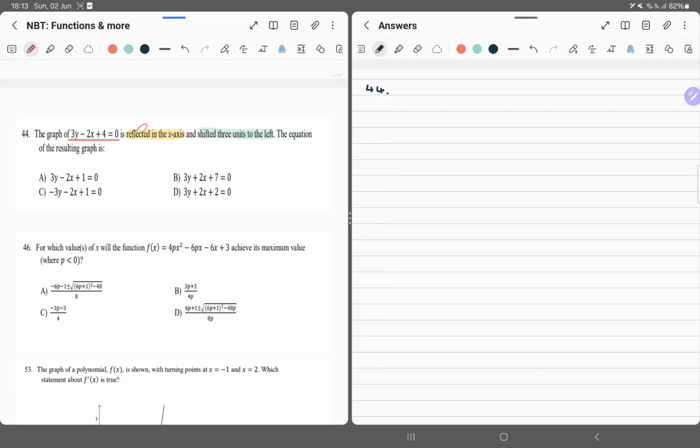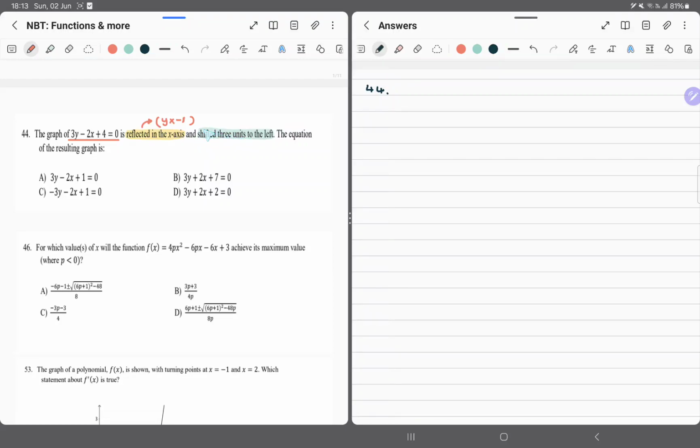It's a reflection about the x-axis, which is what we call a vertical reflection. And for a vertical reflection, what actions must we take? We know that y is multiplied by minus 1. So all the y values are essentially multiplied by minus 1.